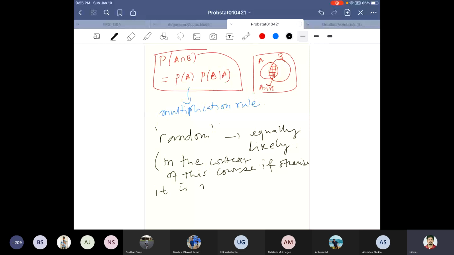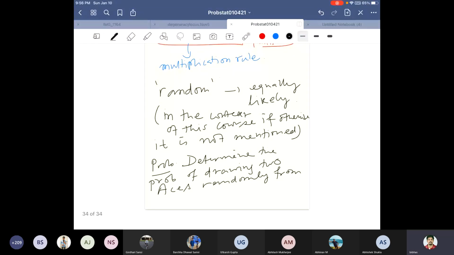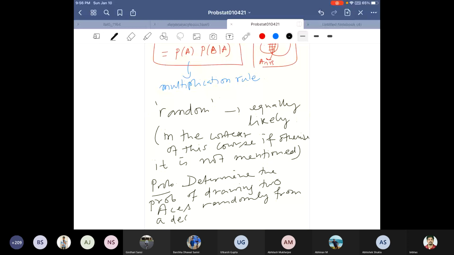Determine the probability of drawing 2 aces randomly from a deck of 52 playing cards.